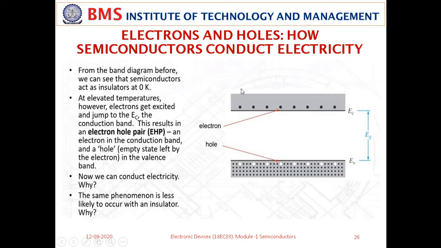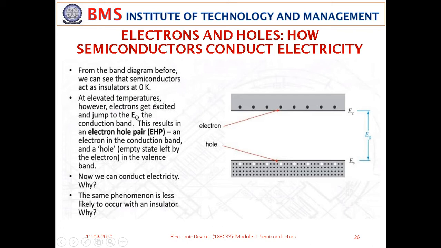There is a large number of states here. At 0 Kelvin, the electrons remain close to the nucleus, or you can say they remain in the valence band, and the conduction band remains empty. Therefore, at 0 Kelvin, a semiconductor behaves like an insulator. What happens if the temperature is raised?